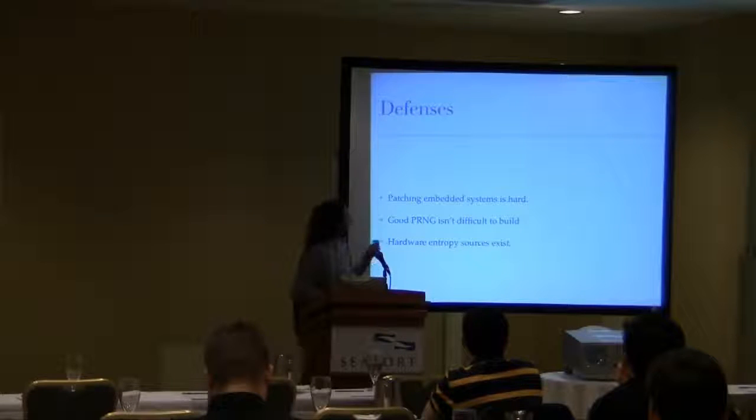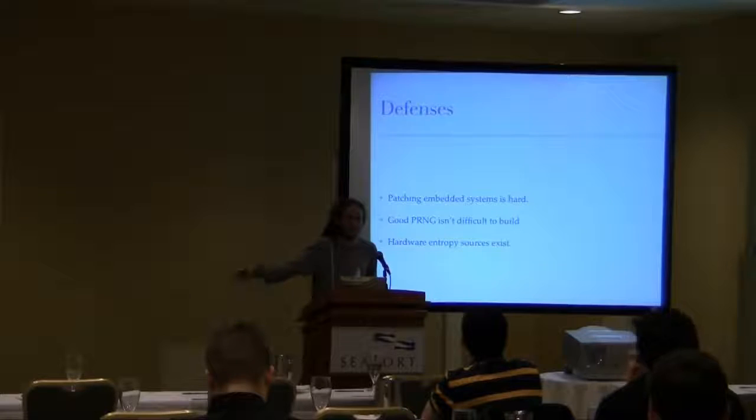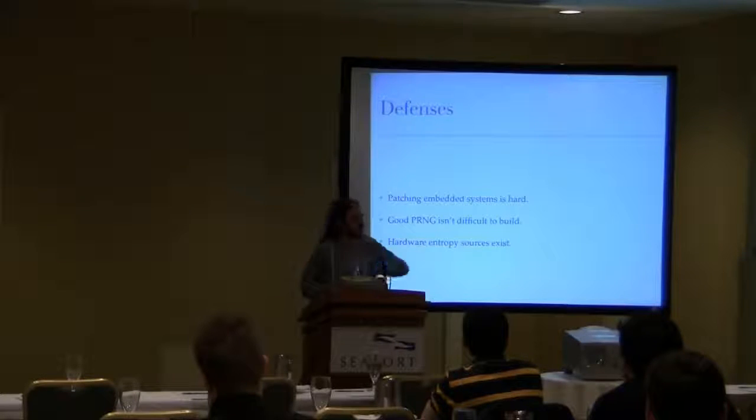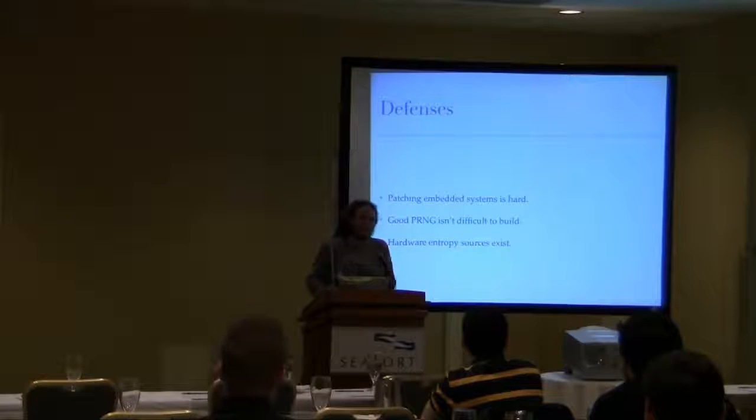A good random number generator isn't that hard to build. You just throw analog measurements into a SHA-1 hash, and you keep it spinning for a while. Or you can use the hardware AES implementation of the chip to do the same thing. And then in this case, the computation is actually hardware accelerated. And because you're doing this during the key exchange, you don't need the AES unit for anything else.